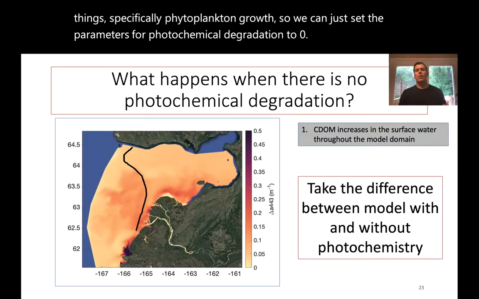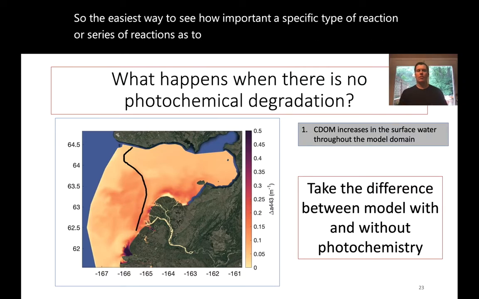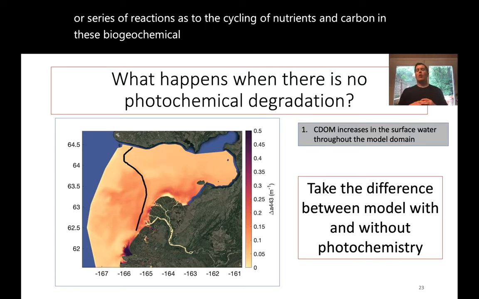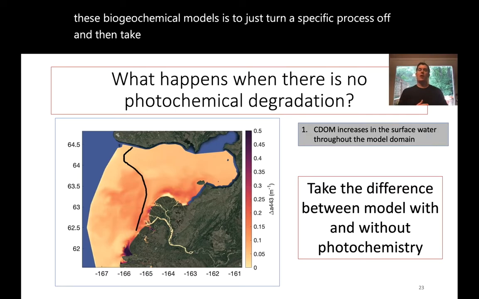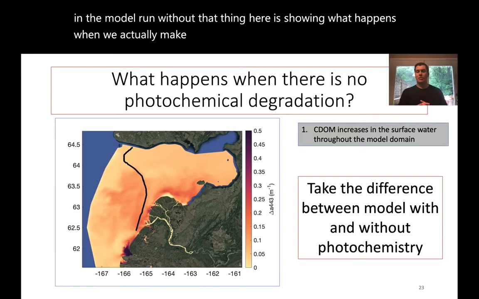So the easiest way to see how important a specific type of reaction or series of reactions is to the cycling of nutrients and carbon in these biogeochemical models is to just turn a specific process off and then take the difference between the model run with that thing and the model run without that thing. Here showing what happens when we make photochemical reactivity of DOC 0.